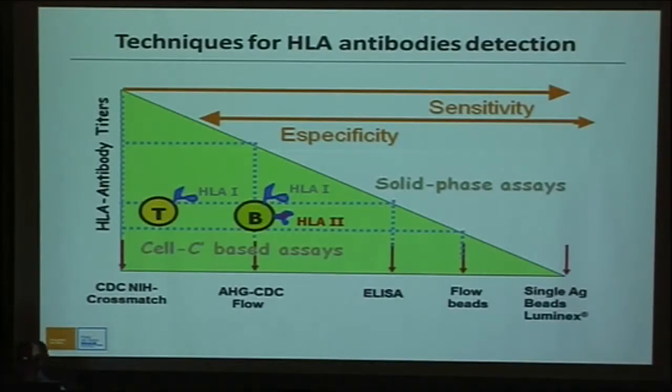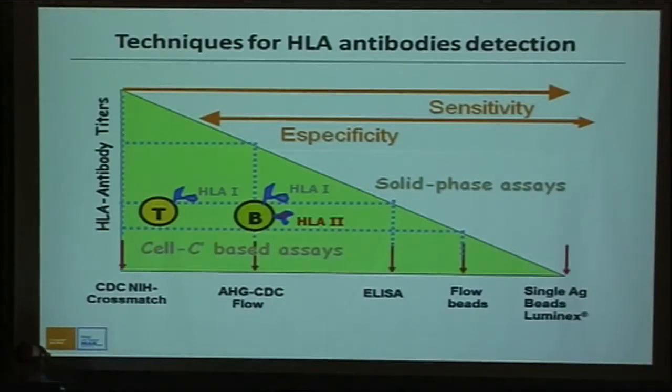And then the last decade has faced the solid phase assays, which are not taking the true reactions of cell death in the lab that CDC crossmatch or flow crossmatch were seeing in the previous years.